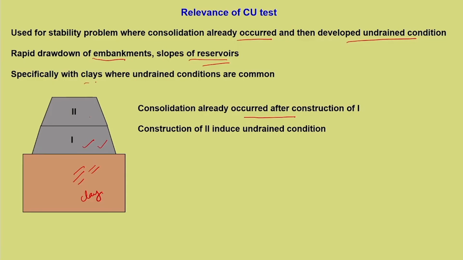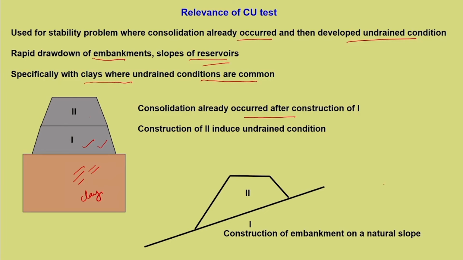I just need you to understand that these conditions do exist and are close to CU conditions, and this is very true with clays where undrained conditions are common. Another case where this can occur is when you are constructing an embankment over a natural slope. In case of certain developments, this can undergo a kind of CU response.